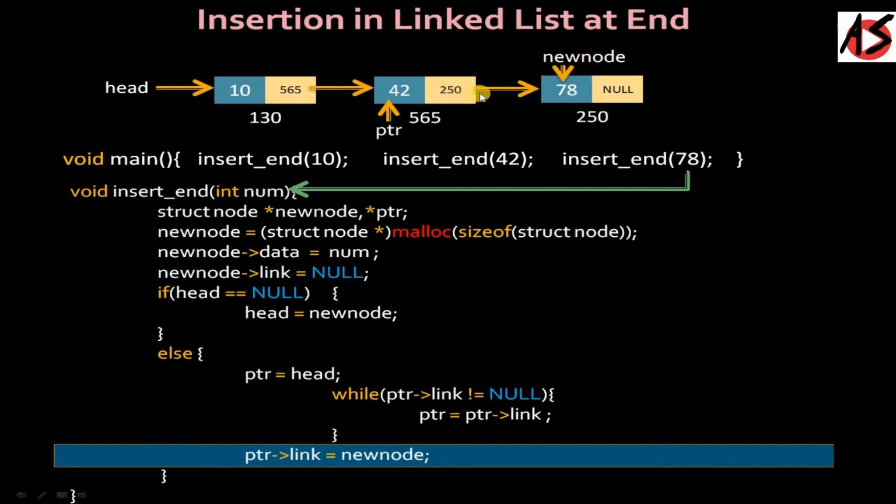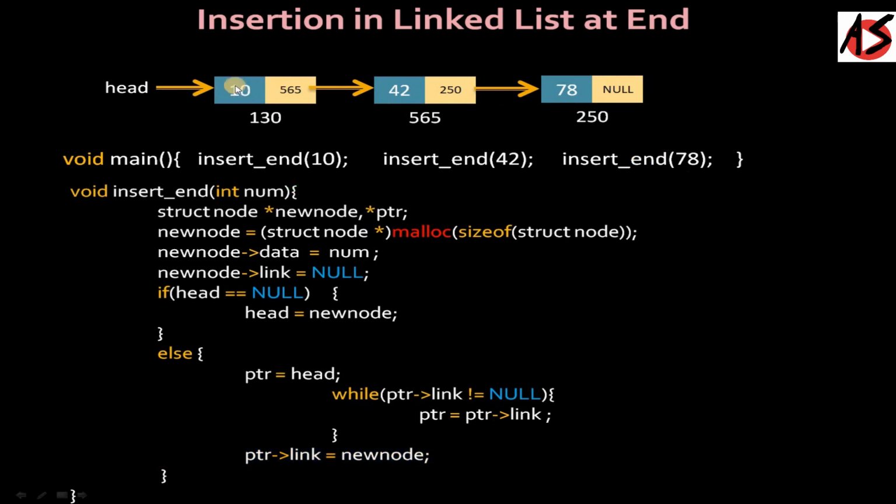So in this way we started with the insertion of element 10, then at the end of that we inserted 42, and at the end of that we inserted 78. So we have inserted our elements from the end part.